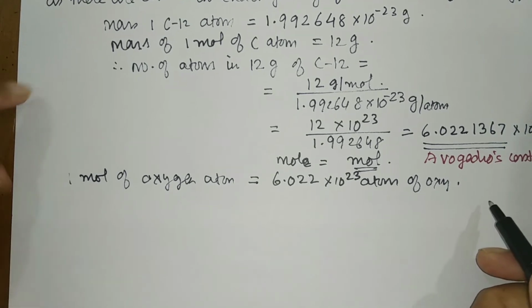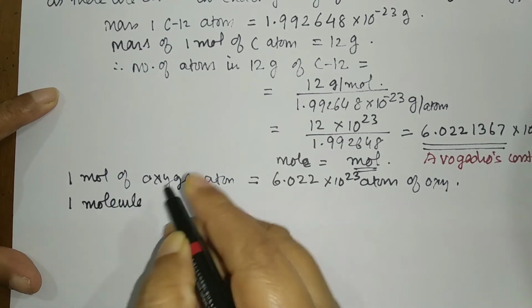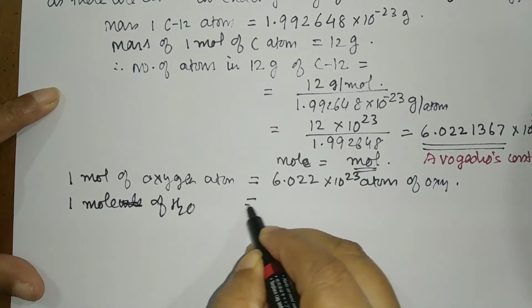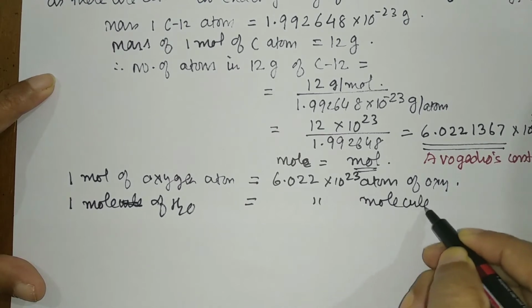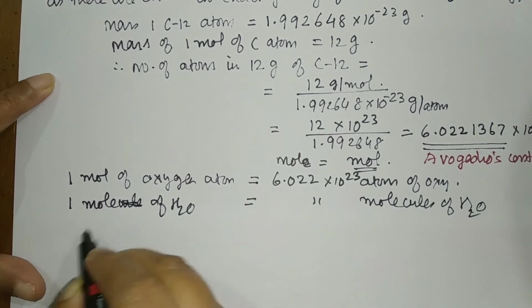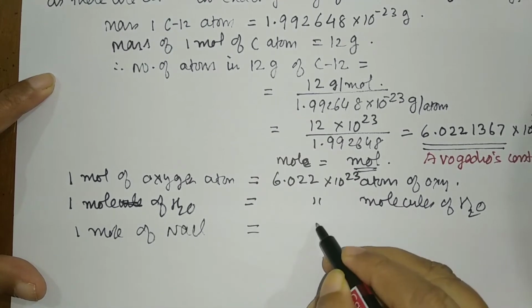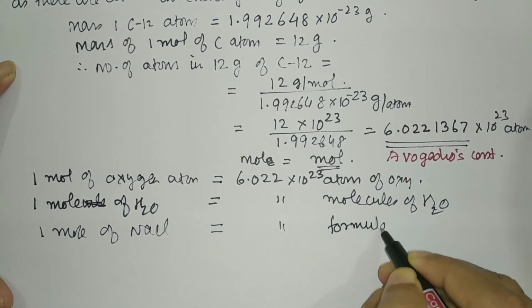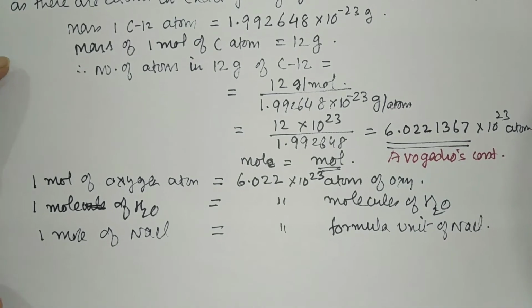So this is how you do the calculations. 1 mole of water will contain Avogadro number of molecules of water. If I take 1 mole of NaCl, then it will again contain Avogadro number of formula units of NaCl.